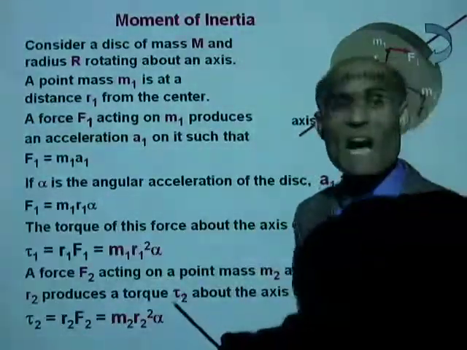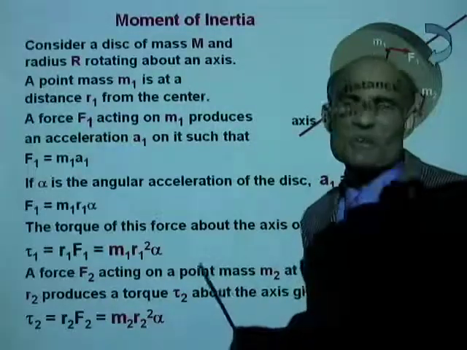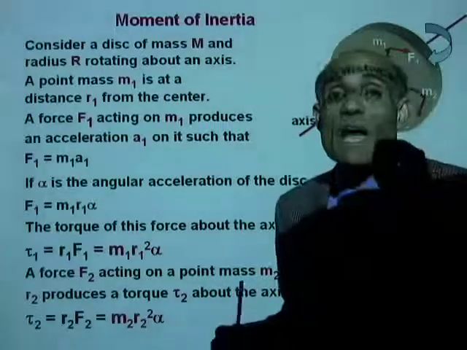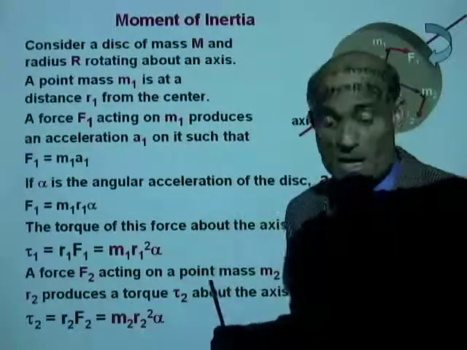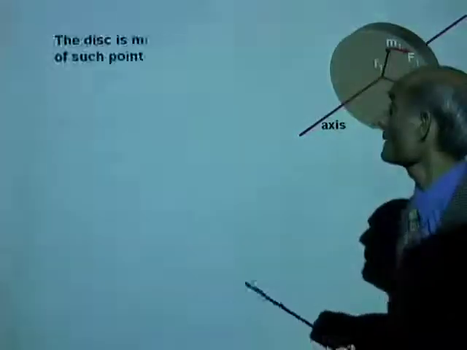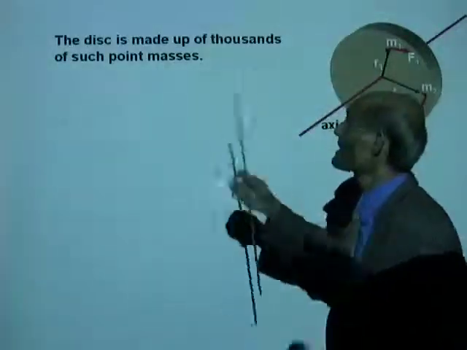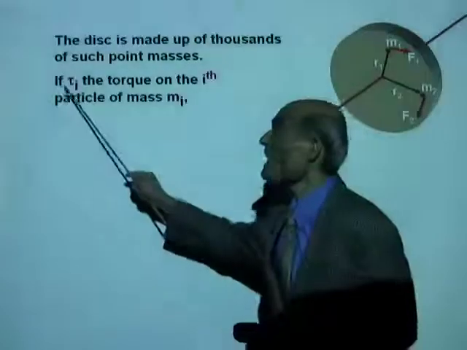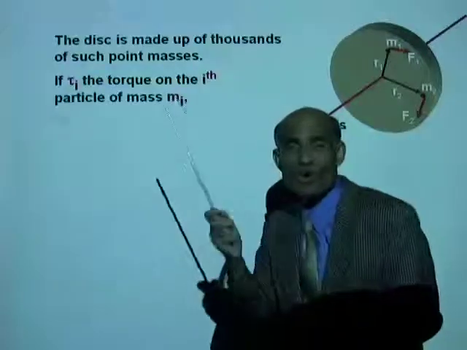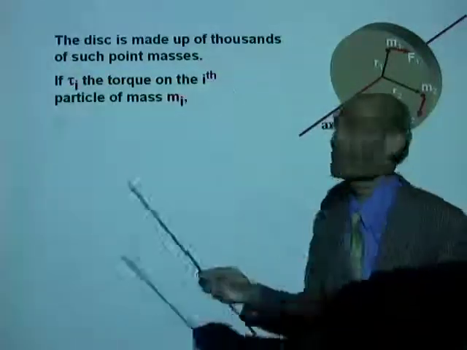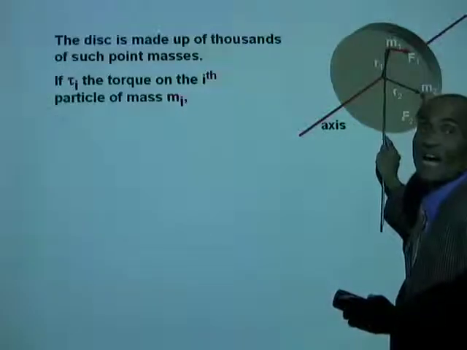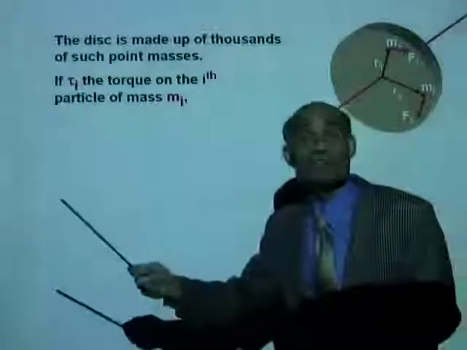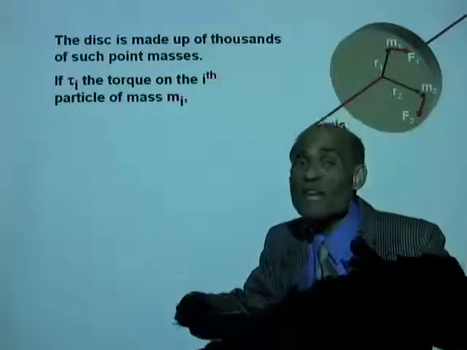If you now take an ith particle, what's an ith particle or nth particle? The torque will be mi ri squared alpha. Let's write that down. The disk is made up of thousands of such point masses. If tau i is the torque on the ith particle, well, for this particle i equals 1, for this particle i equals 2, and i can have any value.